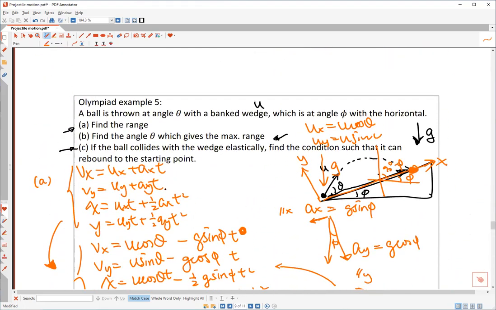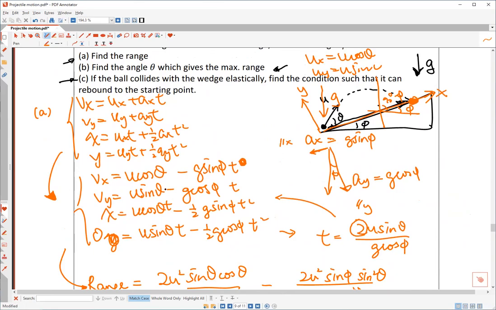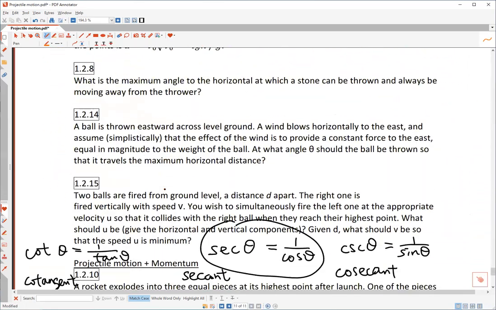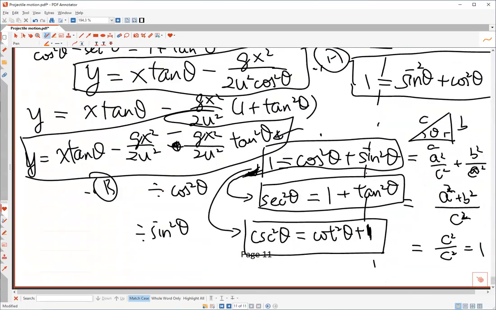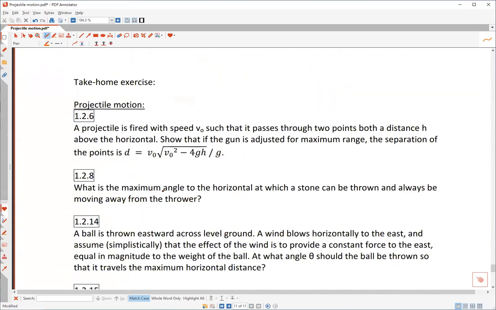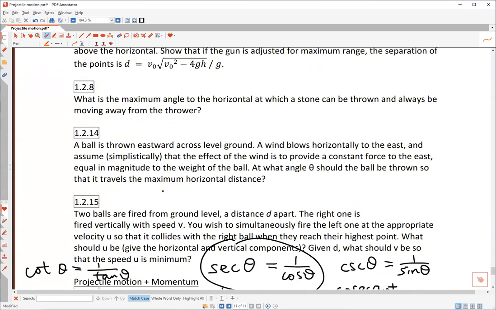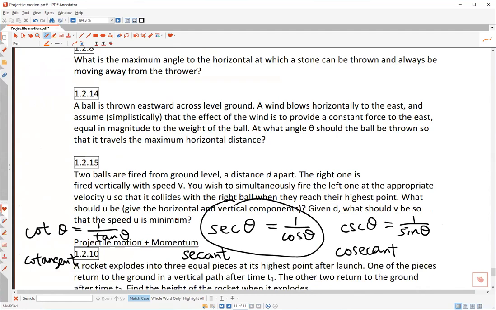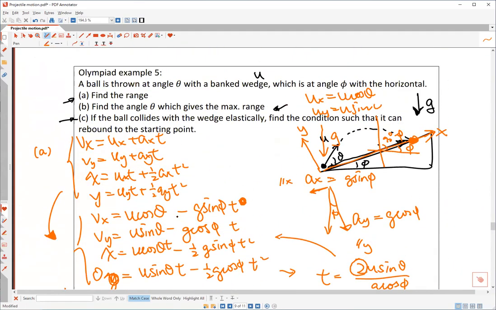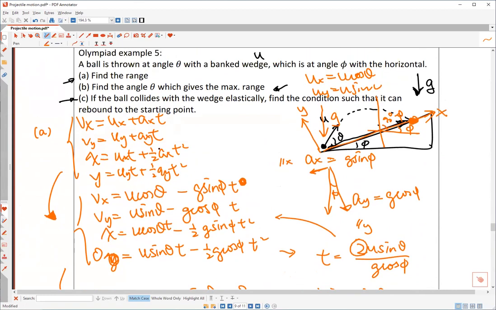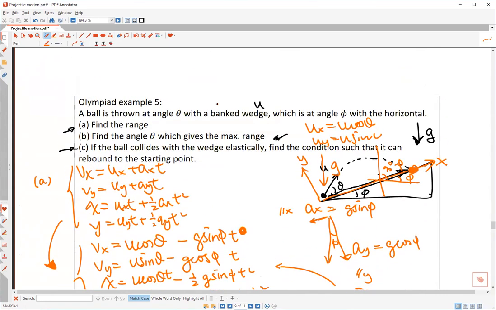For part C, maybe I give you some time to do it or think about it by yourself. But I need to give you some hint first.